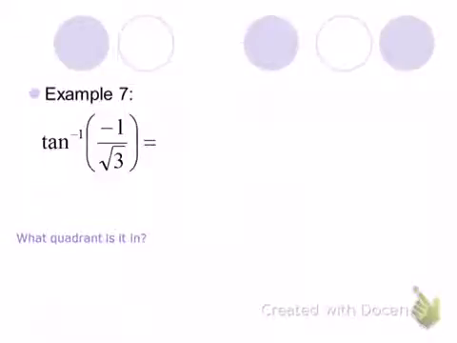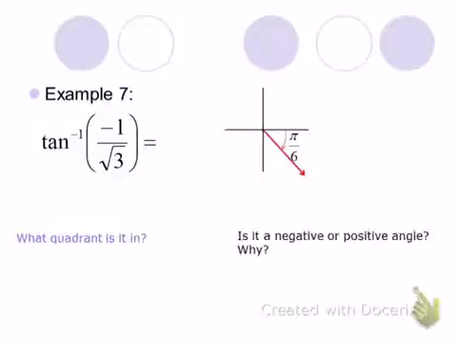This angle that we're looking for has a negative tangent value. And because the inverse tangent is restricted to the first quadrant or the fourth quadrant, we have to use the fourth quadrant, right?